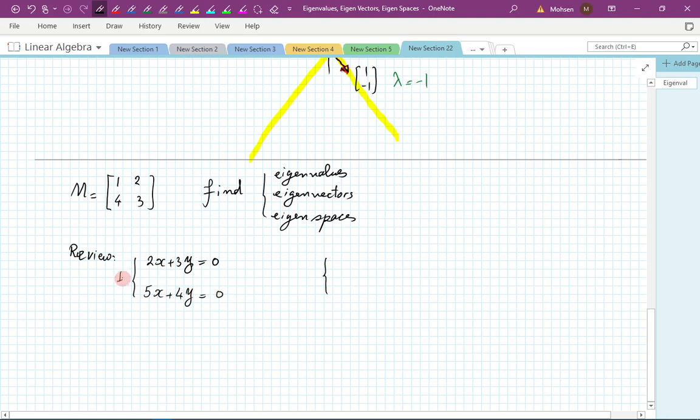This is system 1. Another system I give you is 4x plus 6y equal to 0, and then 10x plus 15y equal to 0. Very simple 2 by 2 systems, both of them homogeneous.